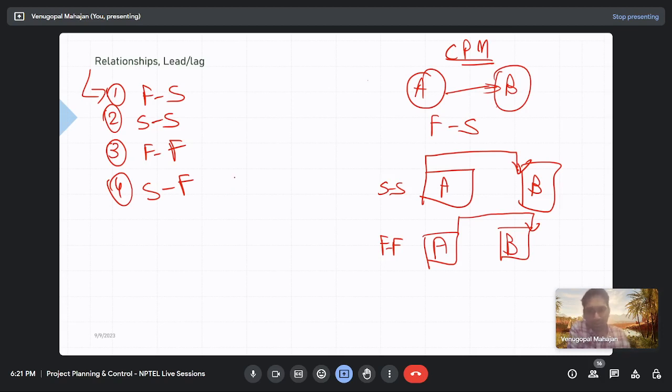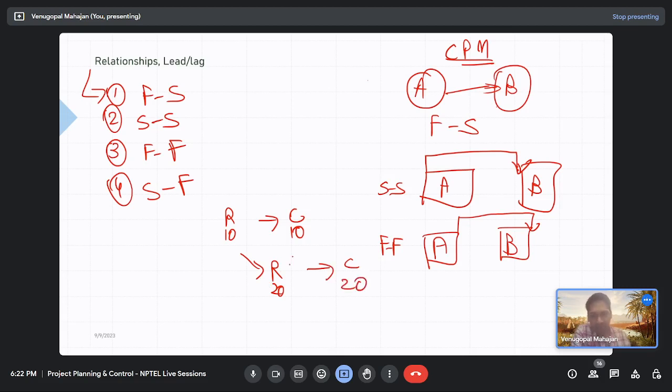Yeah. So let's do one thing. Instead of doing 20 beams in one go, let's do 10 beams at a time. So R10, then after R10 you can have C10, then after R10 you can have R20, reinforcement of the remaining, and then after this you can have C20, right?